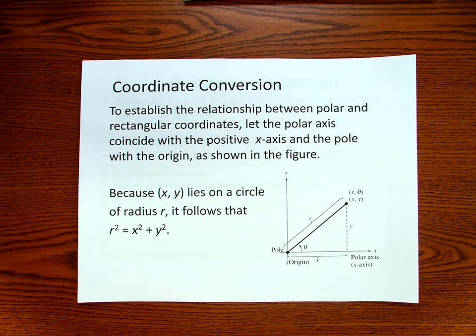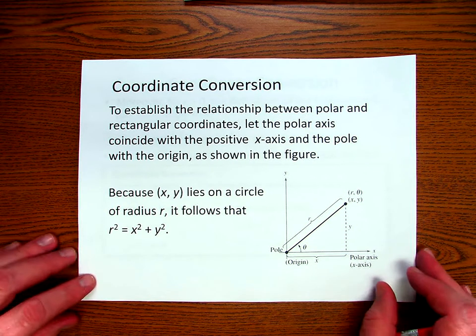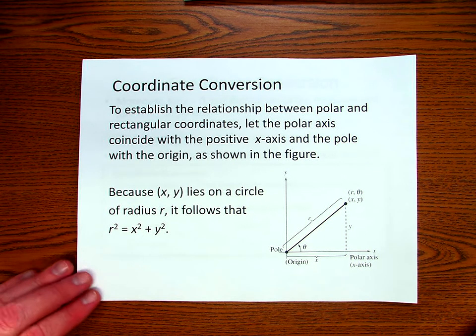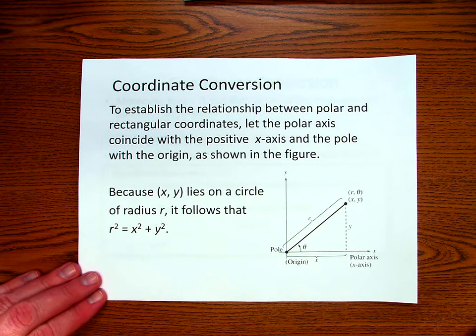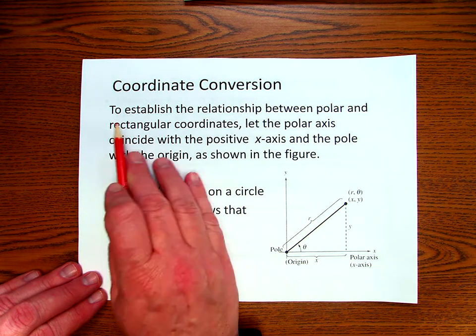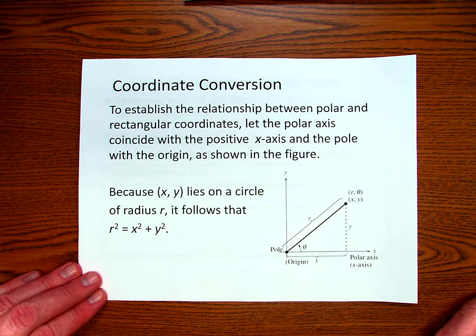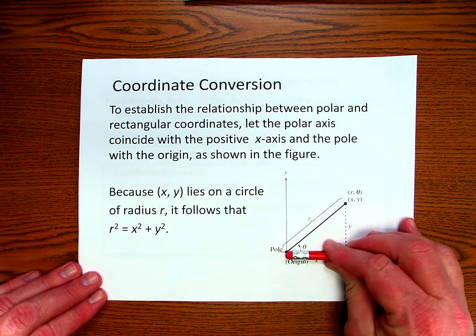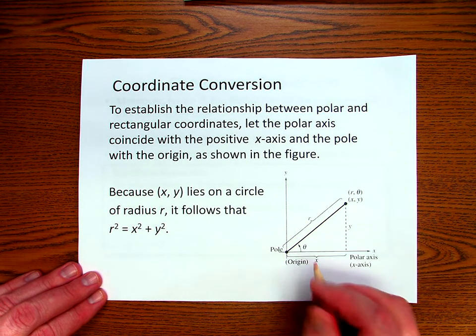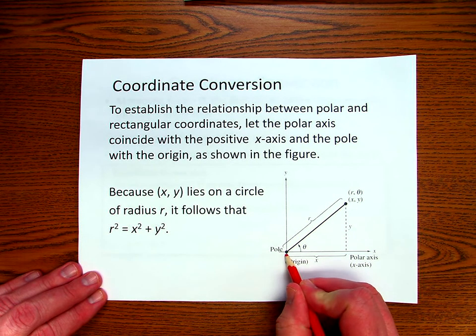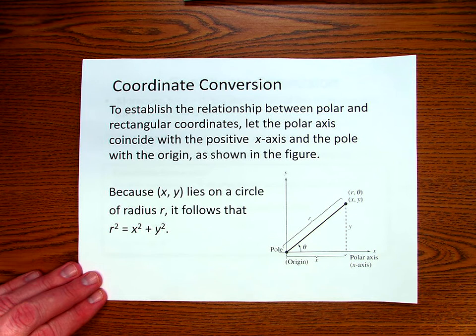Now, building up further to that idea of going back and forth between the two types of coordinate systems. To establish the relationship between polar and rectangular coordinates, let the polar axis coincide with the positive x-axis. We've already mentioned that. And the pole with the origin. We've already mentioned that, as shown in the figure.